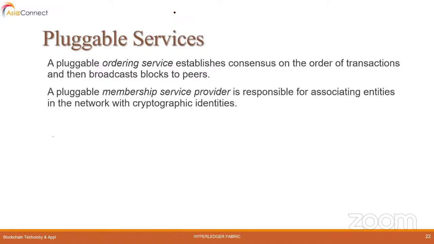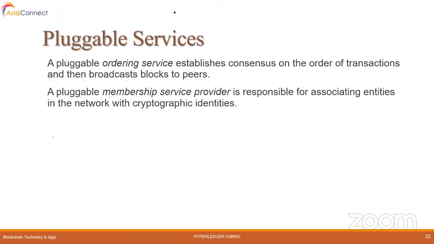Therefore, it is known as a pluggable service. So for some part of the application, you can plug in a different ordering service consensus mechanism. For another part of the application, I may require a different consensus mechanism, right? Therefore, this is known as pluggable.